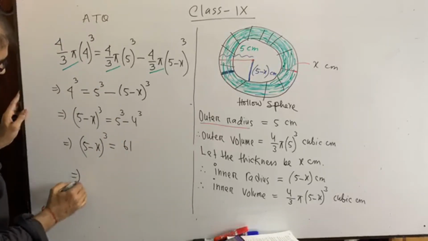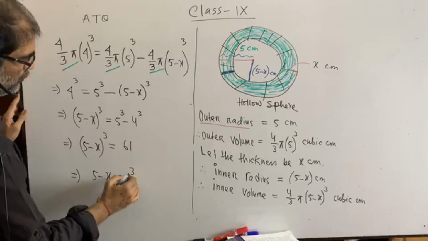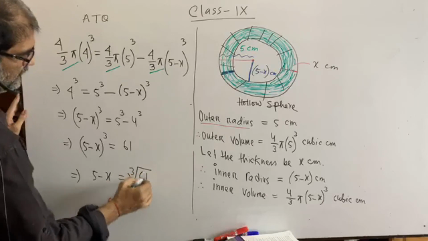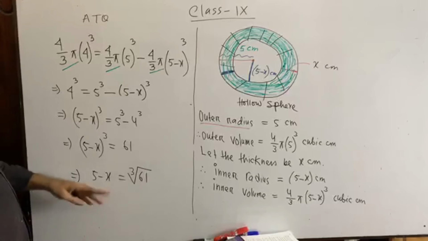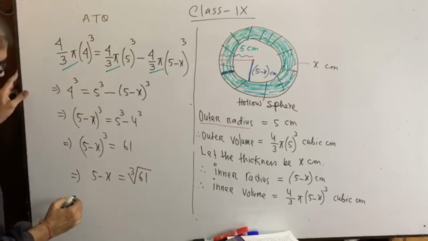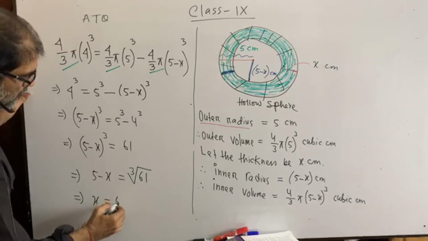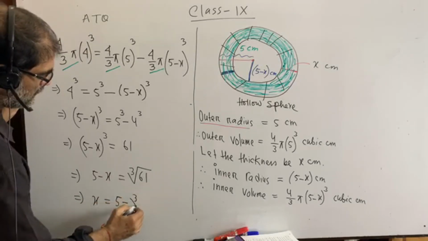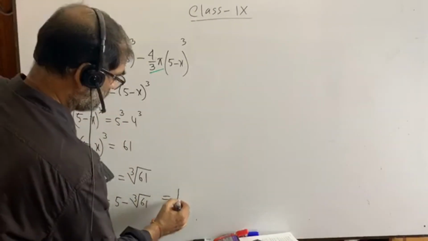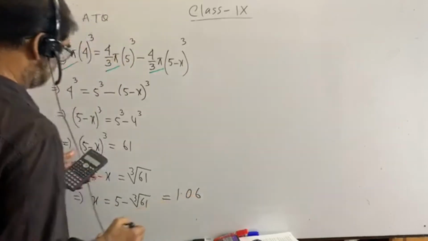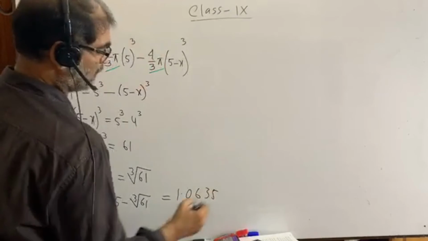Then 5 minus x is equal to the cubic root of 61. Now from here we can find the value of x is equal to 5 minus cubic root of 61, 1.0635 approximately.